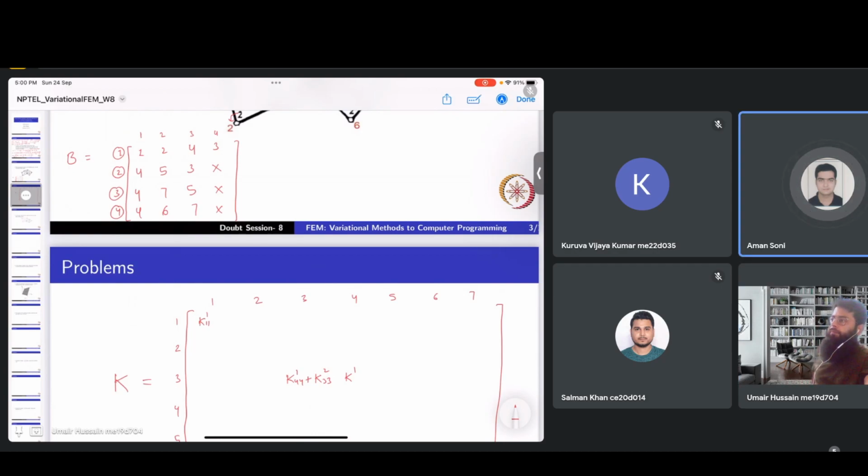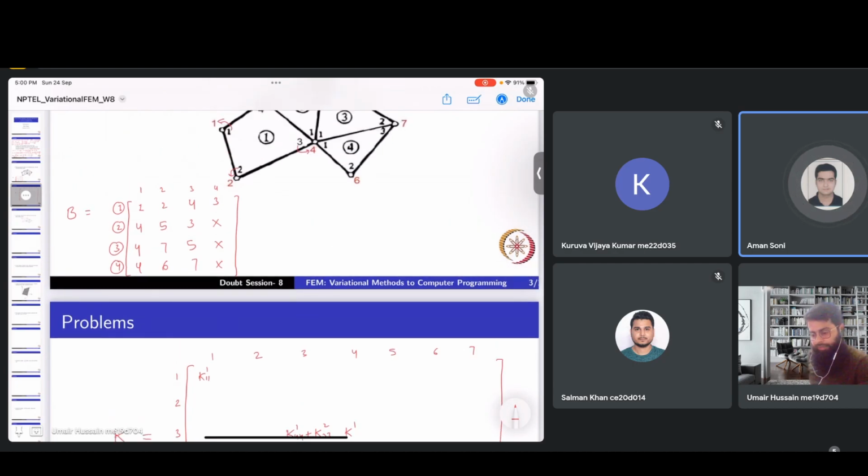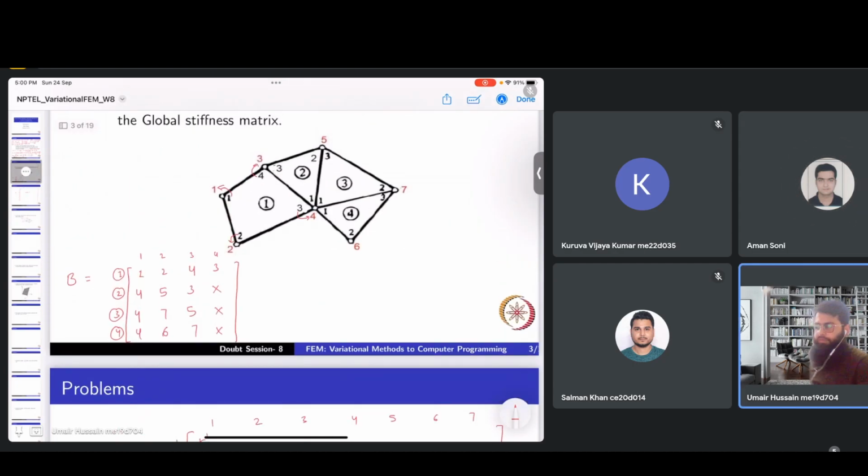Actually, the figure is not totally visible. Can you just scroll up? You can actually look at this B matrix here, the connectivity matrix. It will give you a better idea.